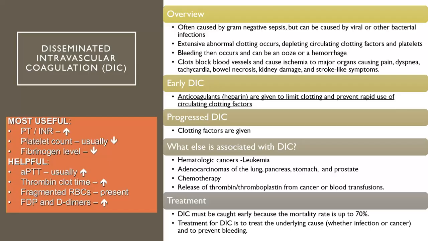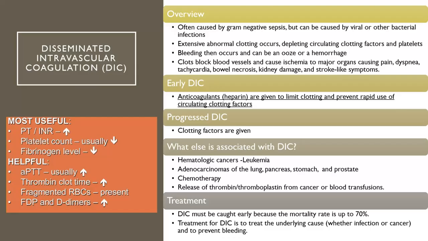So in early DIC, you're going to make sure that that patient has anticoagulants or heparin to limit clotting and prevent rapid use of circulating clotting factors. So if we limit how much is being used, you're not going to run out of it. If DIC progresses, we give clotting factors. What else is associated with DIC?